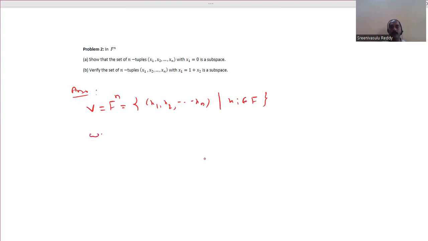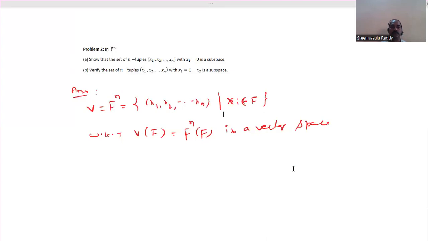We already proved in the first topic, vector spaces, that F^n over F is a vector space. Here x1, x2, x3, xn are any values in field F. Values means scalars, because elements of a field are called scalars. Elements of V are called vectors.